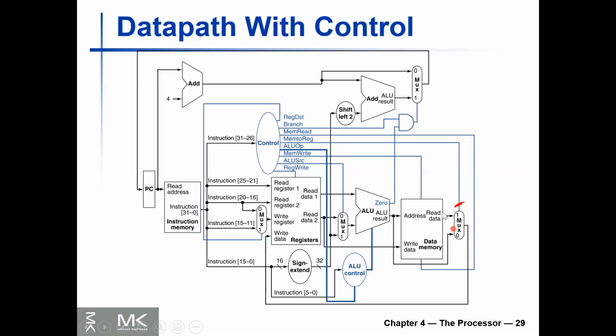So two ways, either the data is coming from the memory or it is coming from the result of the ALU. Are you getting my point, girls? So this signal will choose memory to register, whether you are getting data from here or you are getting it as a result, so it is used whenever you are writing some data here.